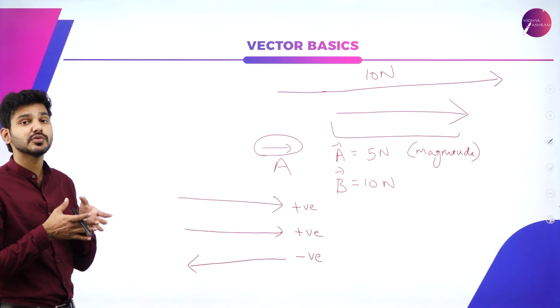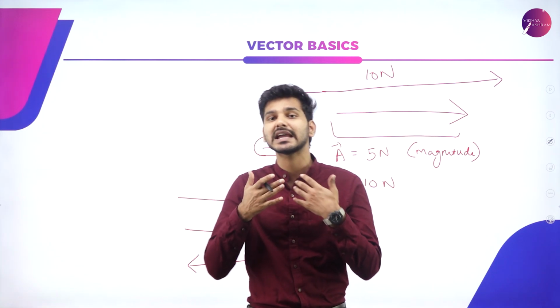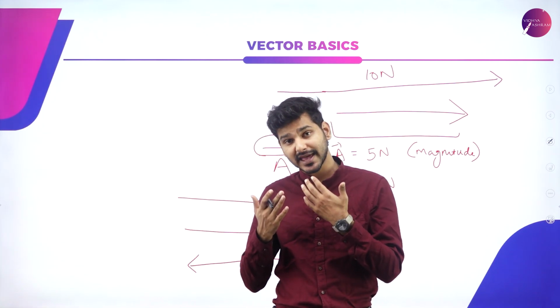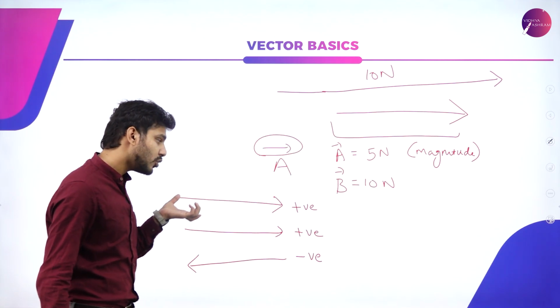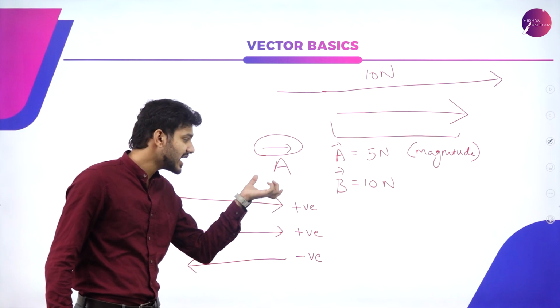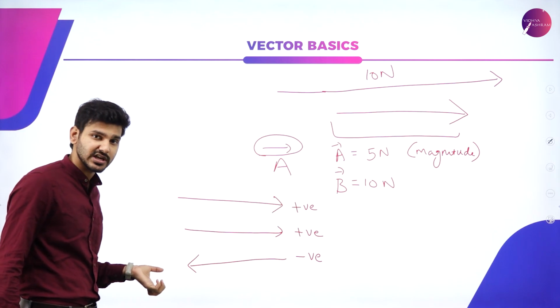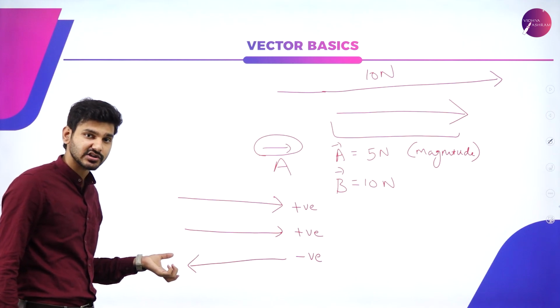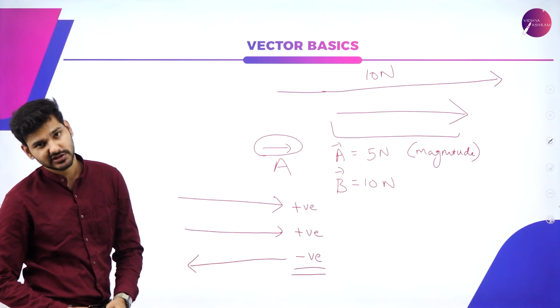Direction also matters, because in physics we use the negative symbol to indicate a change in direction. If both are going in the same direction, we indicate that using a positive sign. If the direction is changing, going in the opposite direction, we use a negative sign to indicate that change.